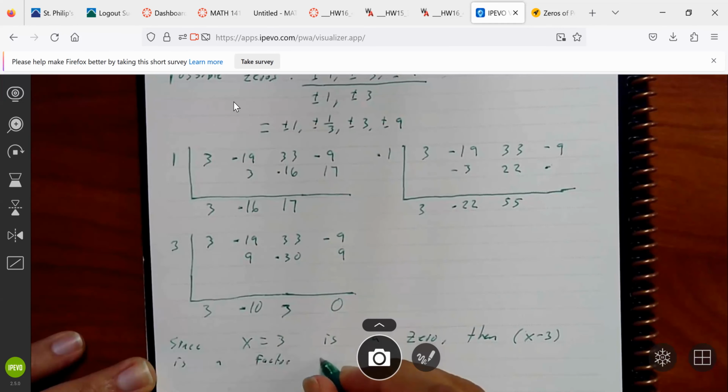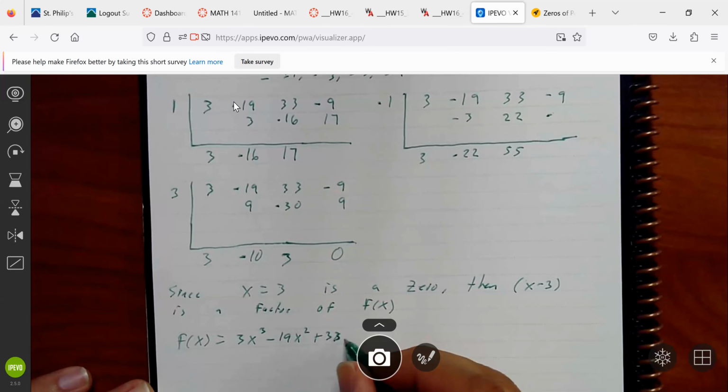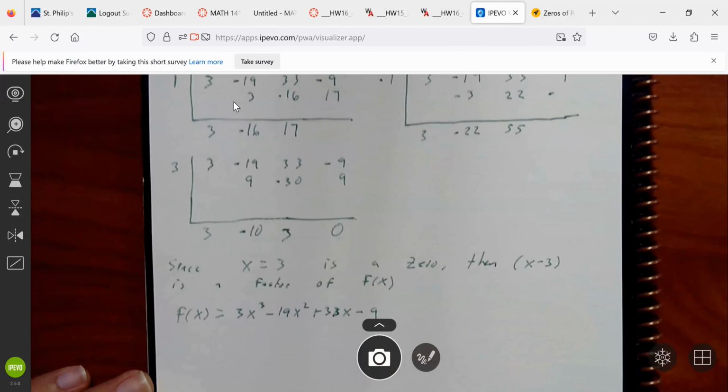So that means we can factor this guy into x minus 3 times these pieces.